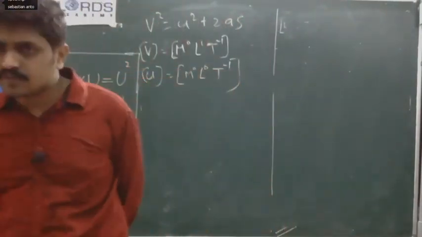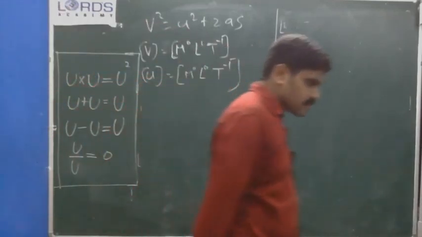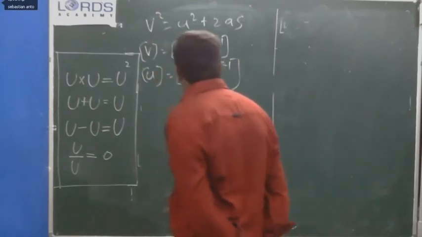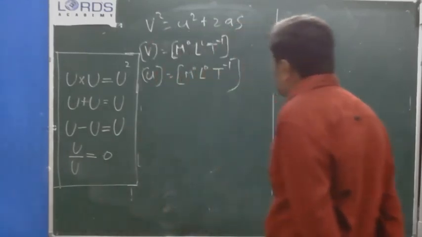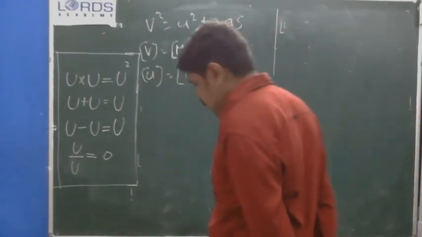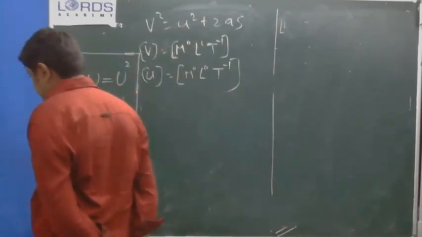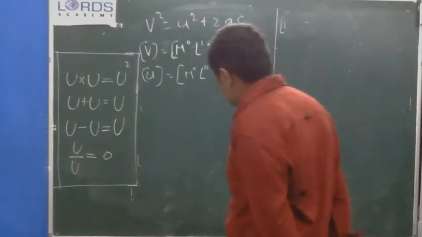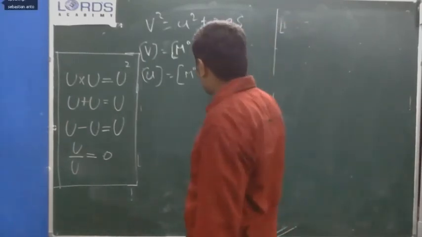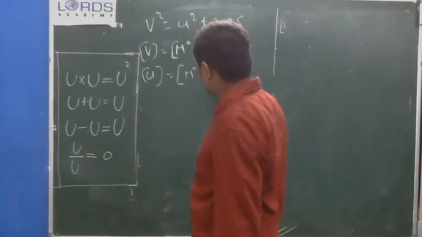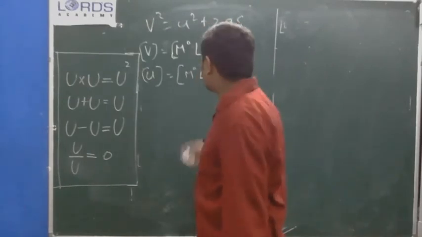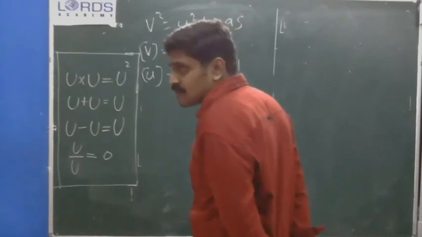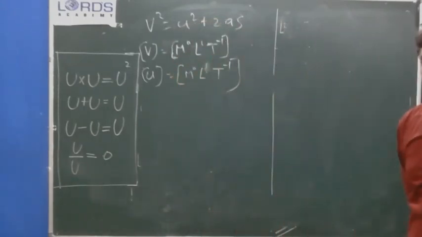What is the unit of initial velocity? Meter per second. Where is the meter in the dimension formula? L raised to 1. Okay. Any imposition needed, Sebastian? 1 needed.